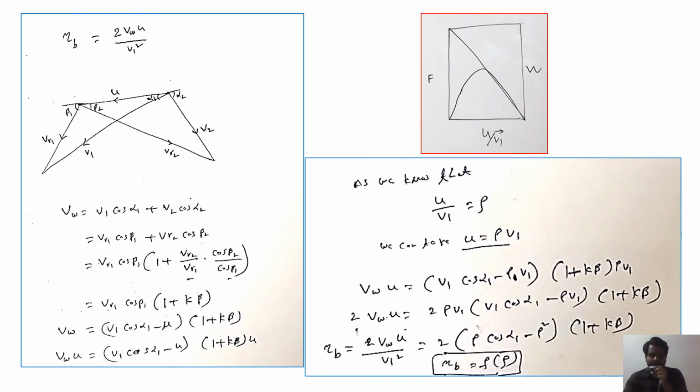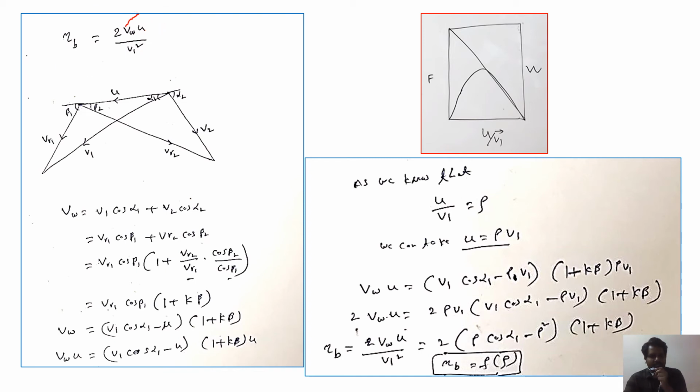Now let us continue from the last class. Last class we derived the equation for blade efficiency, 2VwU by V1 square. Here Vw is the whirl velocity, U is the blade velocity or peripheral velocity, V1 square is absolute velocity at inlet.